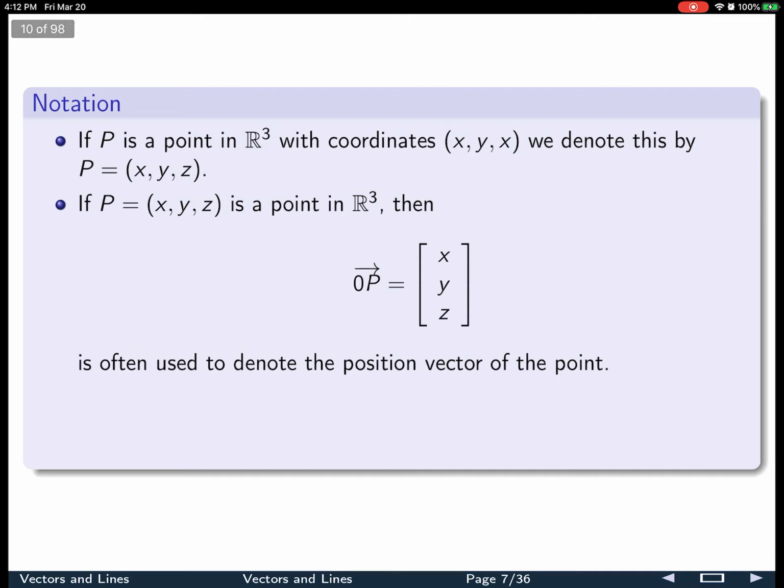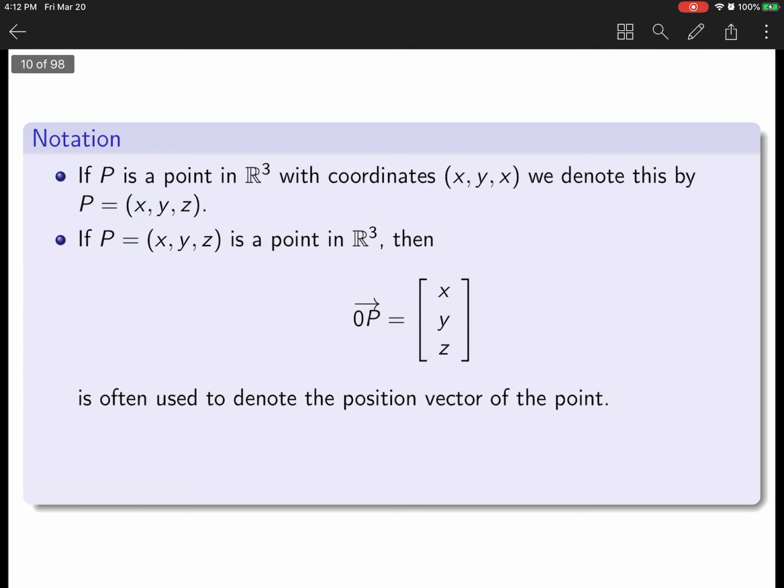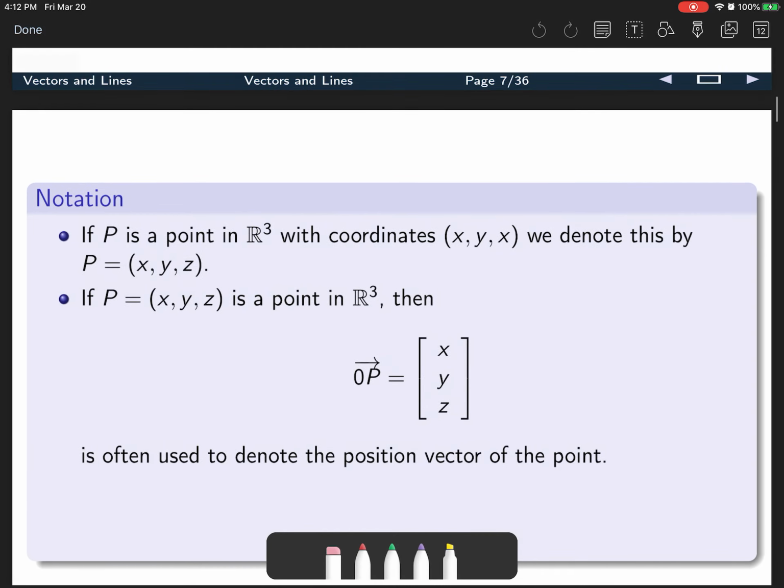Here's some notation about translating between points and vectors. Here you can see in the middle we've got an arrow over top of 0p. In this context, 0 is the zero vector, and what that notation is highlighting is the fact that we're going from the origin to the point P and creating a vector between those 2 points.